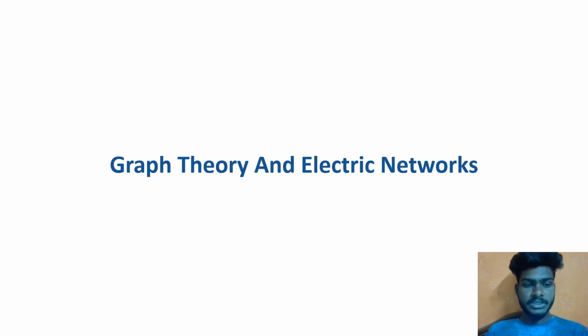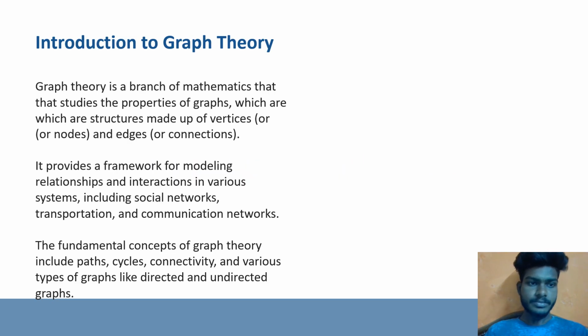Today our topic is graph theory and electric networks. Introduction to graph theory. Graph theory is a branch of mathematics that studies the properties of graphs, which are structures made up of vertices or nodes and edges or connections.